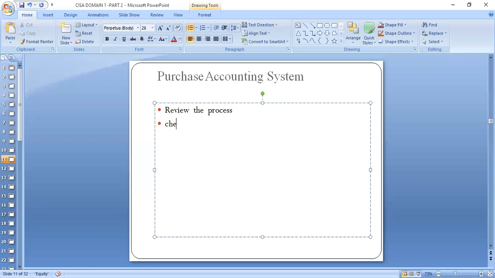Check the integrity of processing, and that shouldn't be difficult. We can use test data, right? Post some data that you already know what the output should be. Then you compare that output with what the system has generated. Then you'll be able to know whether the system is processing right or not.